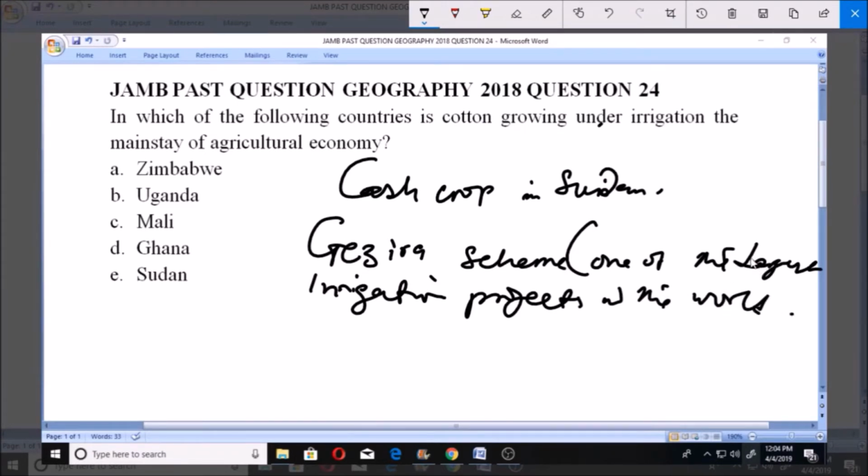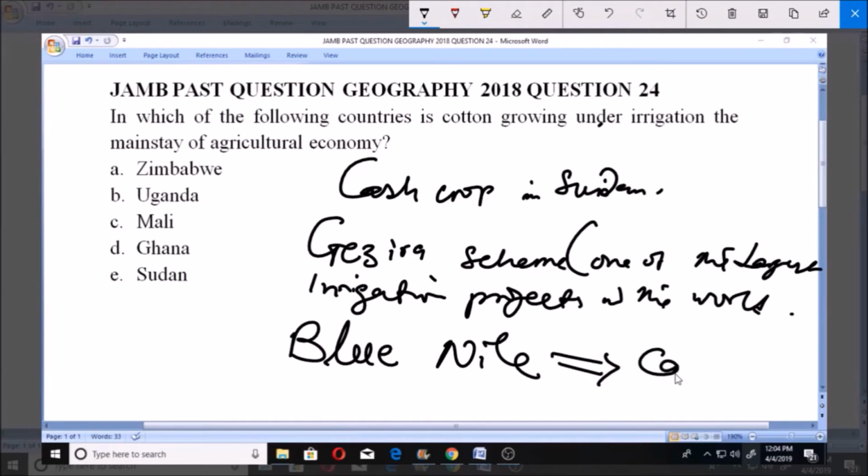Now, the scheme was begun by the British while the area was governed as part of the Anglo-Egyptian Sudan. The irrigation project gets its water from the Blue Nile, and the water is distributed through canals to tenant farms lying between the Blue Nile and the White Nile rivers.